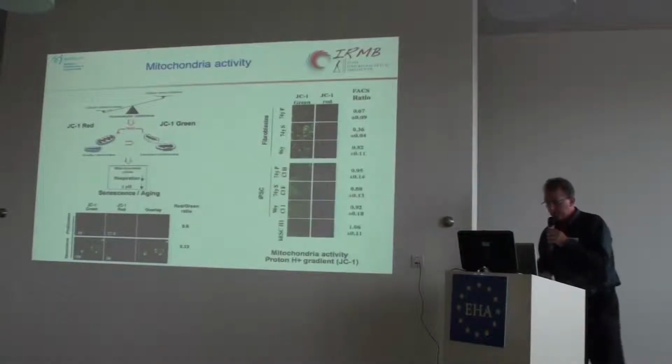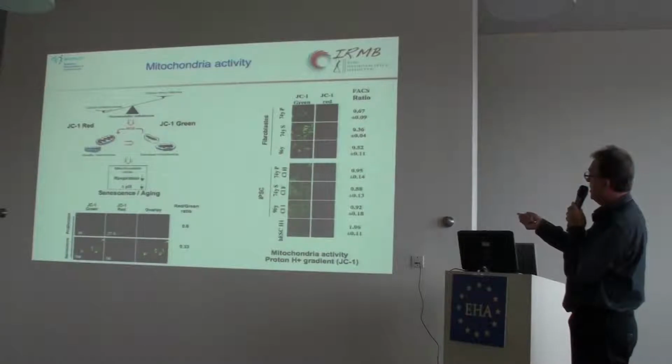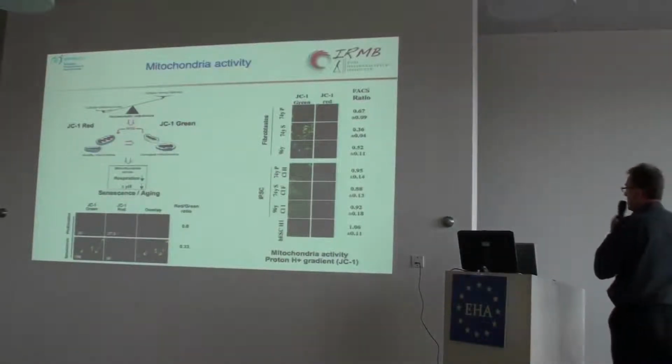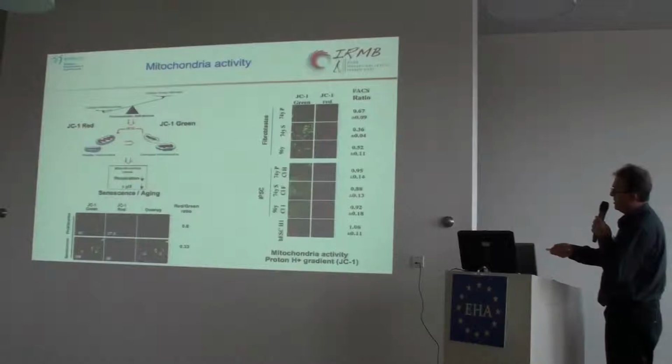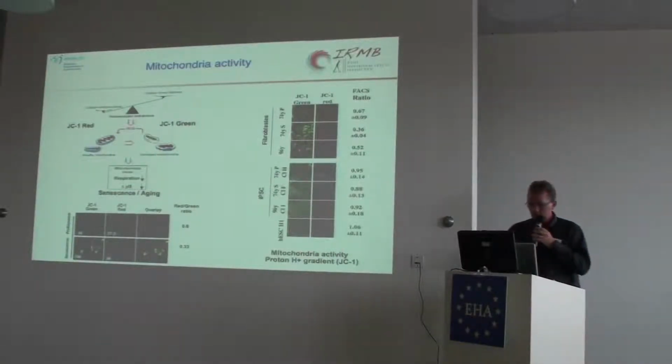So, in our fibroblasts, we have a similar decrease in the ratio in senescent cells, but when we reprogram them, we reach a ratio corresponding to human embryonic stem cells, indicating that we switch the metabolism in iPS cells.